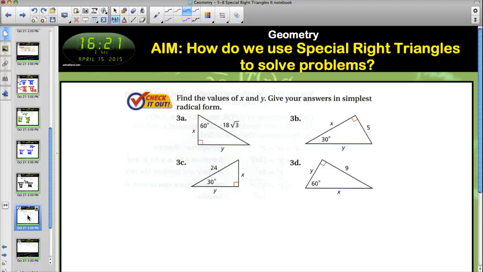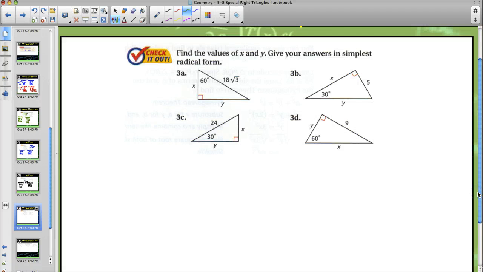And the final problem of this group is 3B. Formulas in the first step. Once we know it's a 30, 60, 90 right triangle, we could use the following. Okay.